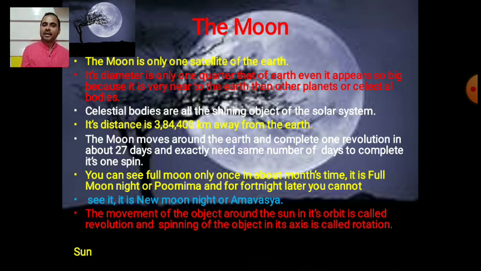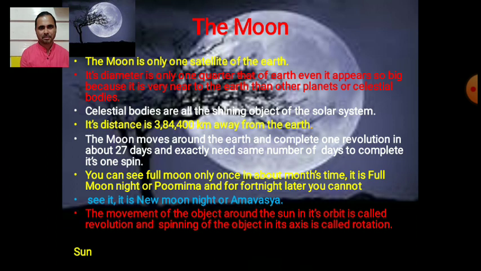And rotation, the spinning of a planet or any object on its own axis, is called rotation. Do you understand? Okay, let me give one example to make you understand what rotation is. So the spinning of the earth is called rotation.